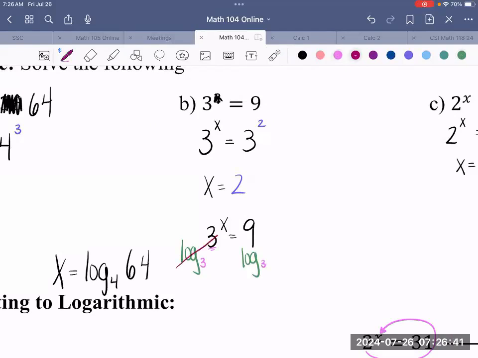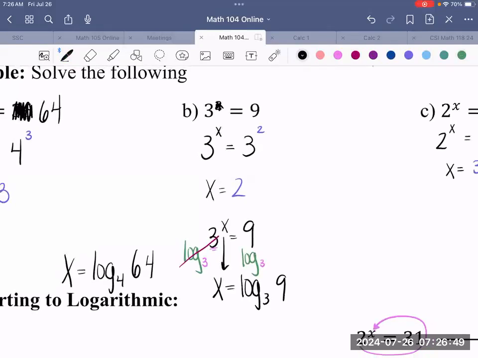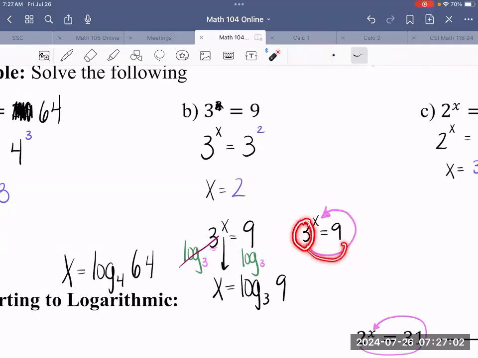It cancels, and your x drops. x is equal to log base 3 of 9. If you wanted that swoop method, I can certainly show you on this one, which was going to be my plan, and then that went out the window. You come up and around, and you're writing log base 3, then the 9 is equal to x.